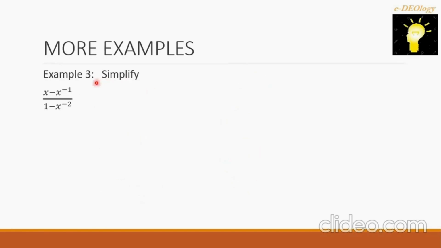Let's have example 3. So x minus x raised to negative 1, all over 1 minus x raised to negative 2. Since we see here it is negative, we want to make it positive. Down here there's also a negative exponent. Both of these negative exponents we will rationalize.